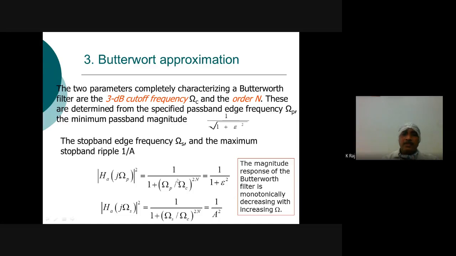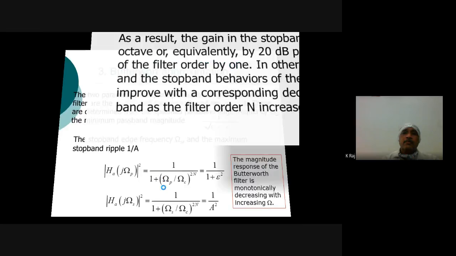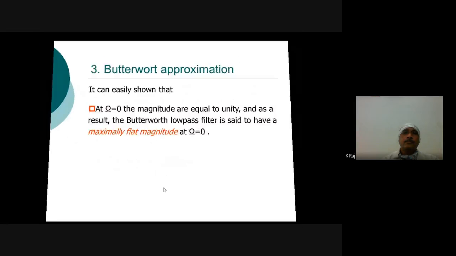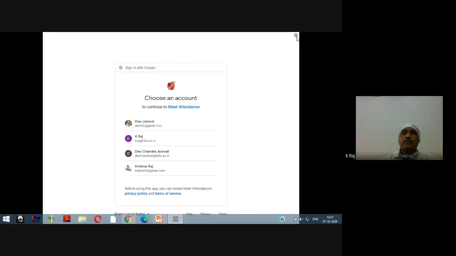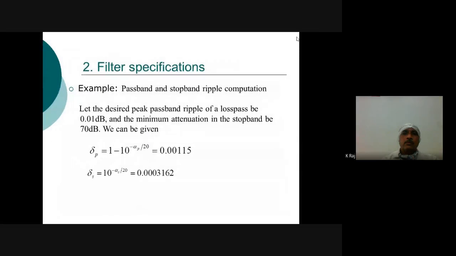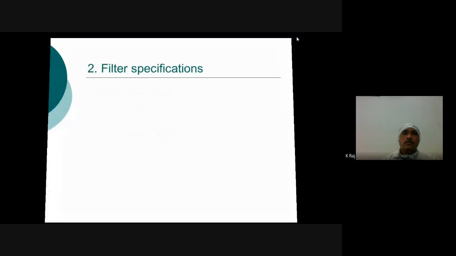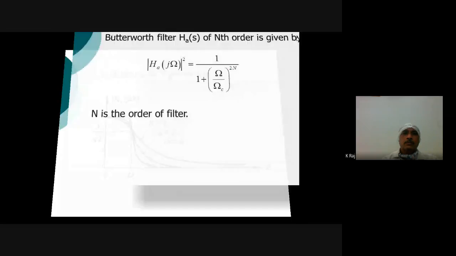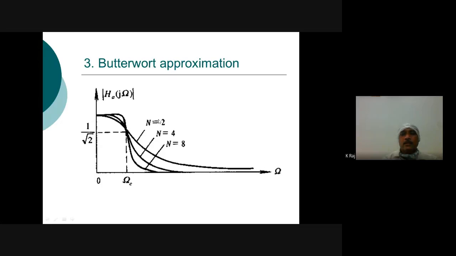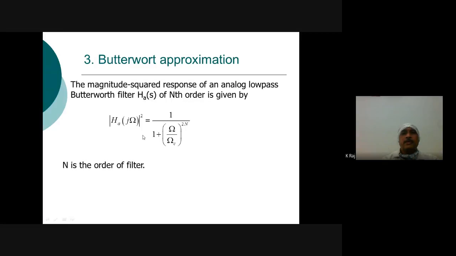This may be described in this manner, that is when omega becomes omega p. See here the graph. Yeah, this is the graph, and if we see the mathematical description of the Butterworth approximation, when omega is equal to omega s, or when omega becomes omega p, what will be the value here?